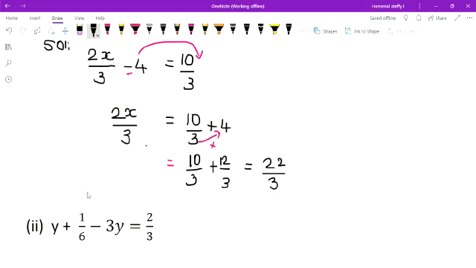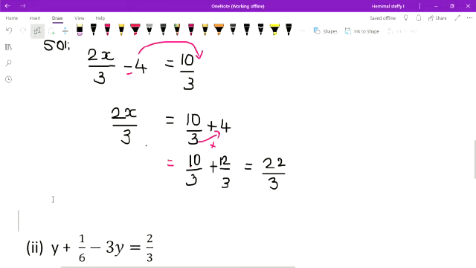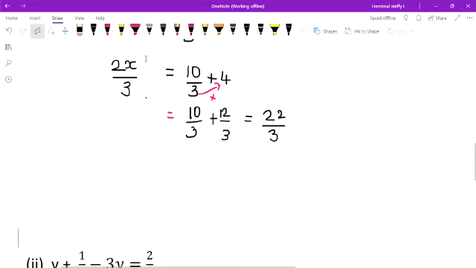What is the next step here? Then 2x by 3 is equal to 22 by 3.